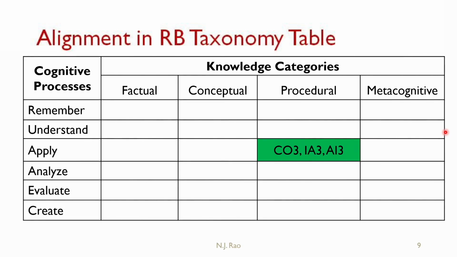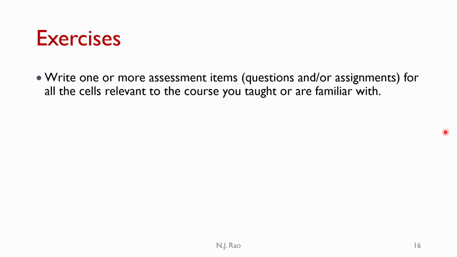That means you are restricting yourself to only the top 2 rows. So, it depends on the nature of the course and the way the faculty member wants to handle the course. So, keep that in mind when writing. When we say relevant cells, we really mean that.